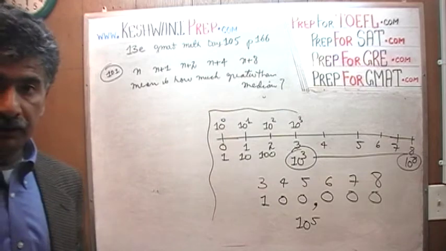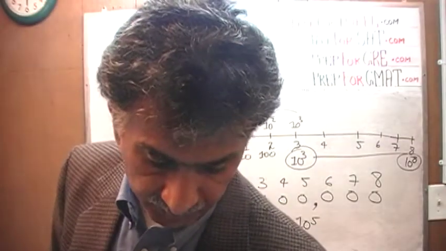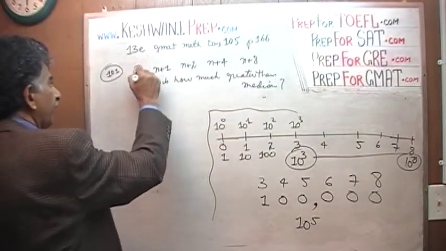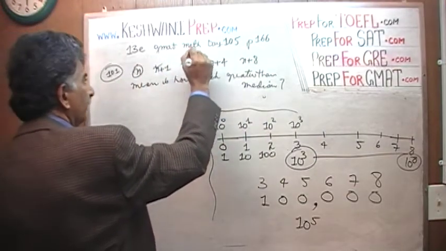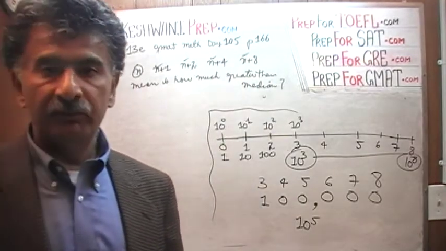Well, let's find out the mean and the median, shall we? The very first thing we have to be smart about here is that n appears in every observation, therefore it plays no role.